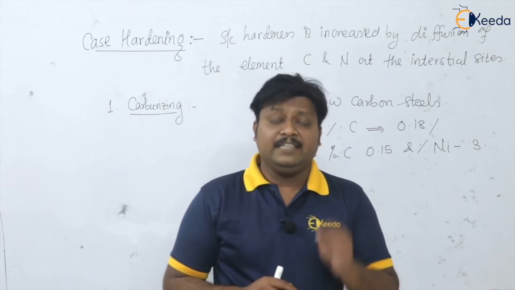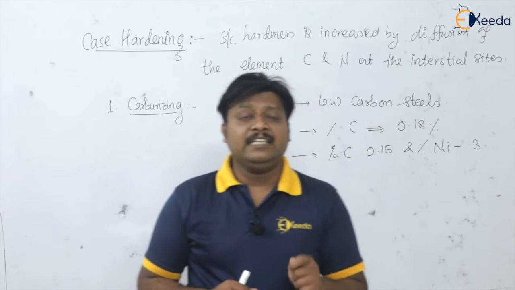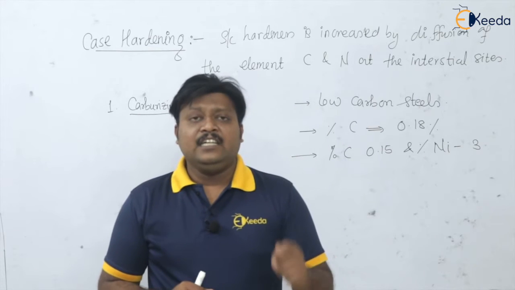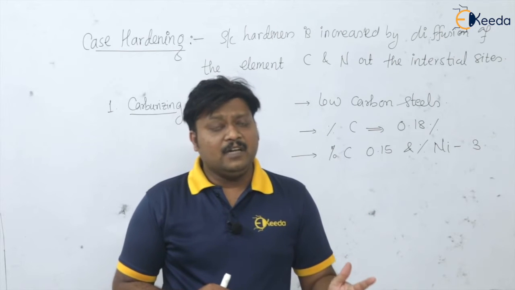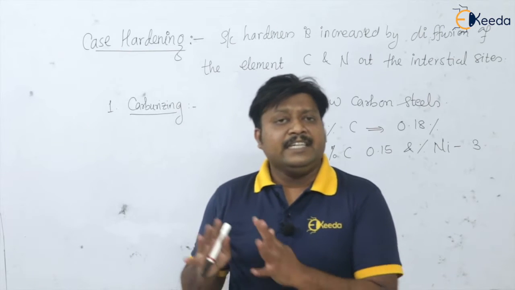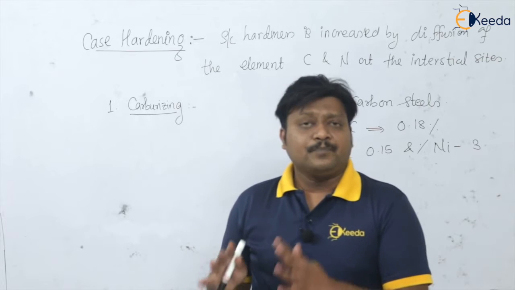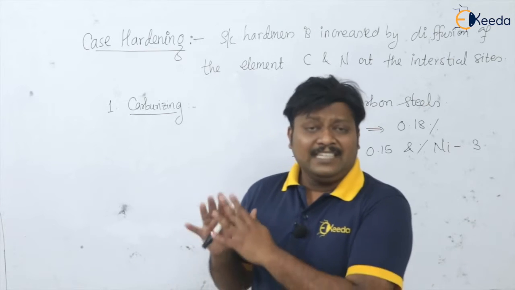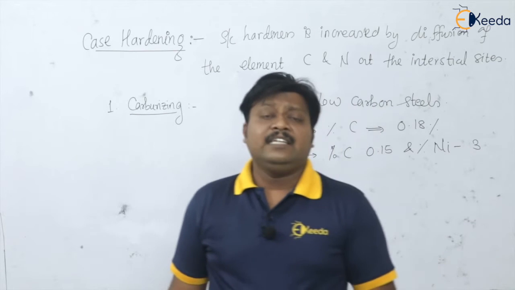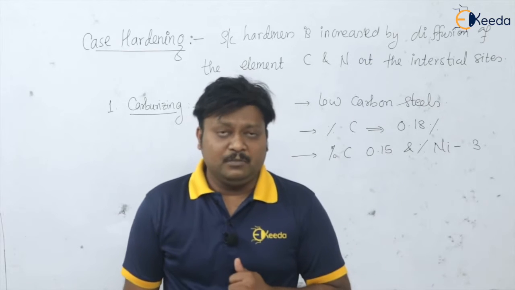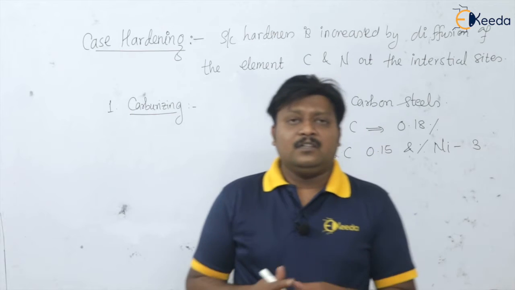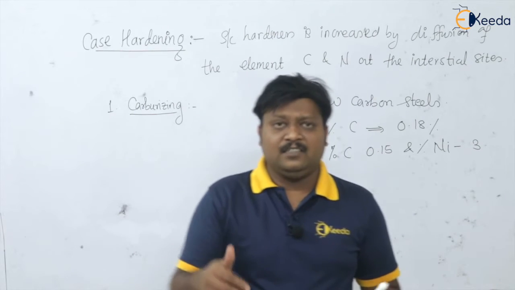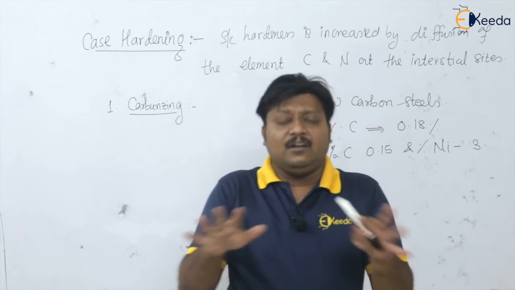So please remember, a very important point: case hardening is generally suitable for low carbon steels up to 0.18% carbon, or 0.15% carbon with 3% nickel, and then carburizing is most suitable.